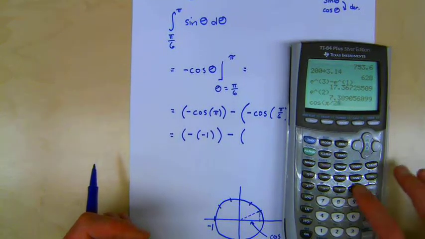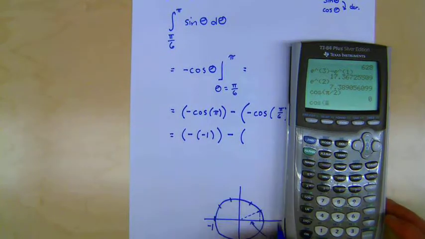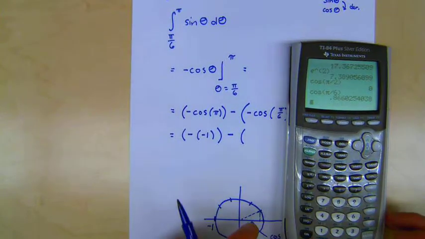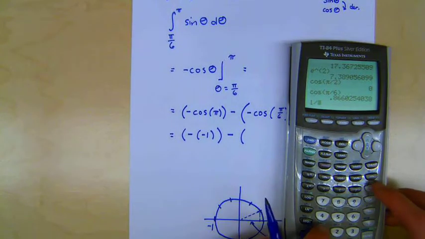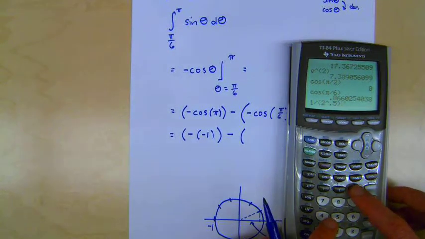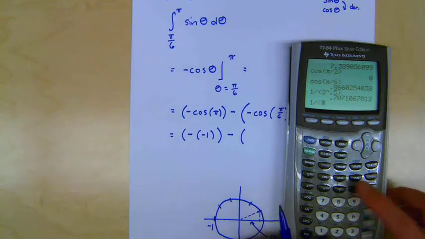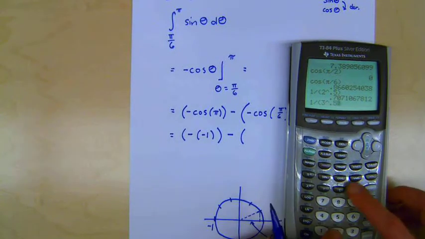Divided by 2. And if I had, oh, no, I didn't want pi over 6. I knew that, I have that one memorized. Let's say 1 divided by 2 to the 1/2. Oh, that's wrong. Oh, 1 divided by 3 to the 1/2.